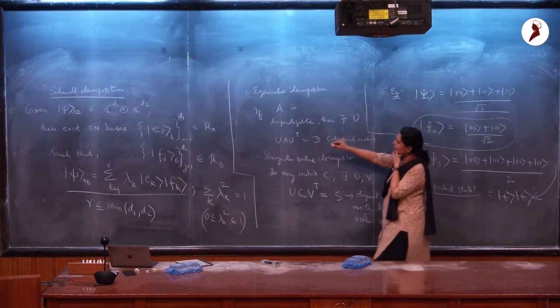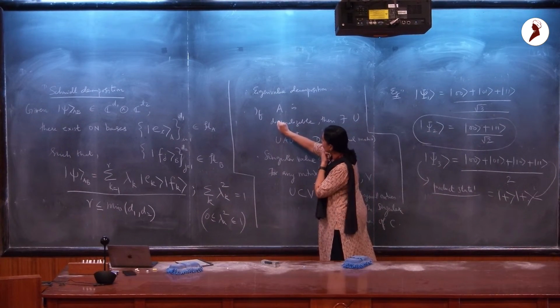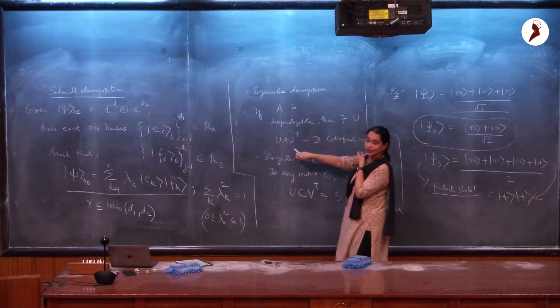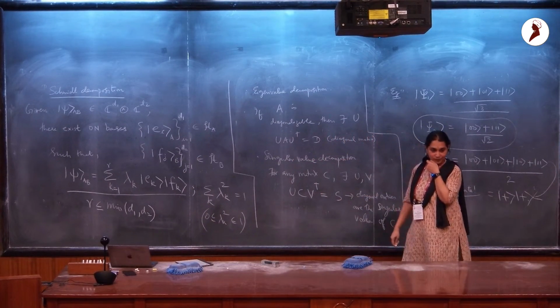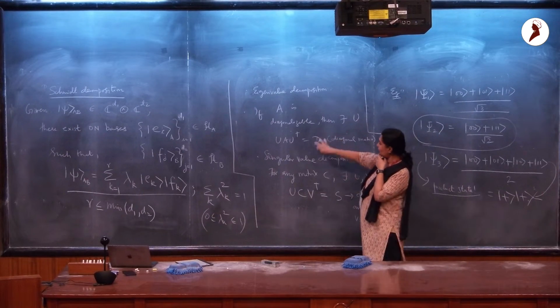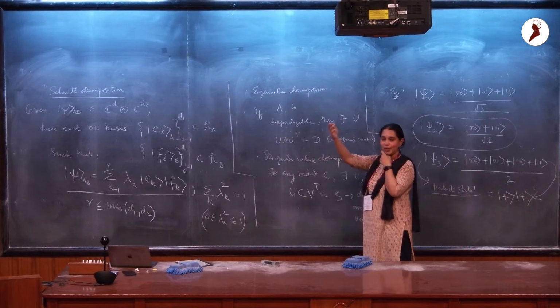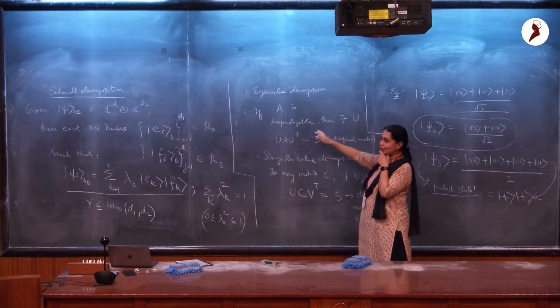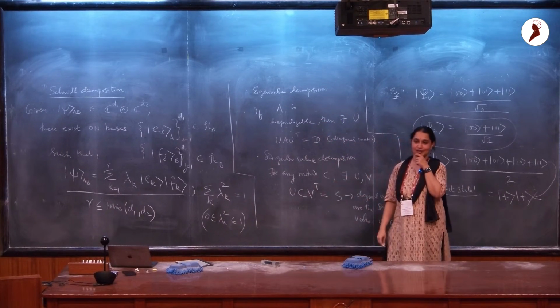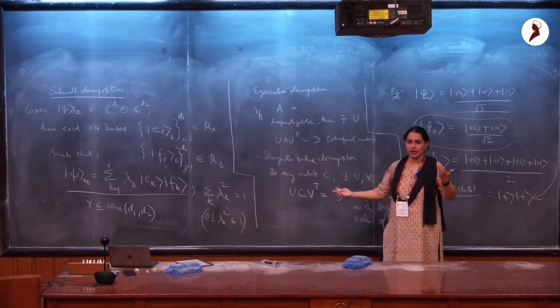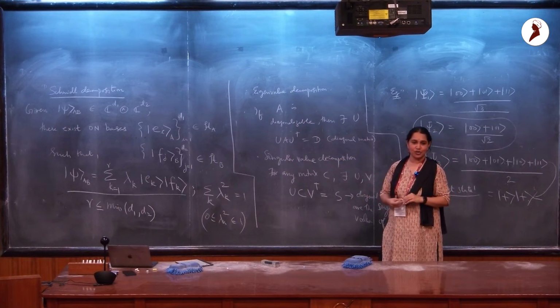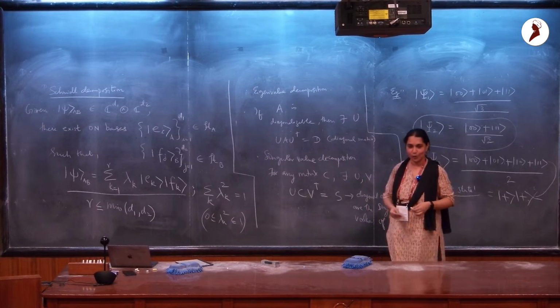So when I say something is diagonalizable, it always means that there exists a single unitary matrix which is going to take me to a diagonal form, right? Now there are only some matrices which are diagonalizable. Okay, maybe a quiz. What do you call the class of diagonalizable matrices? In physics, what do you encounter? Which are the matrices which are diagonalizable? No? Can you write down a spectral decomposition for all matrices?